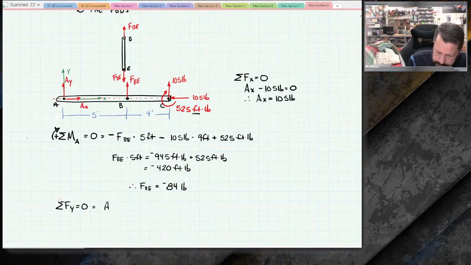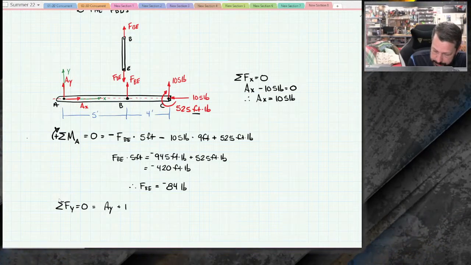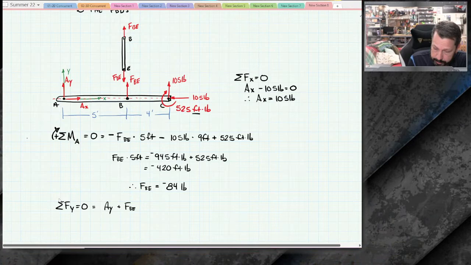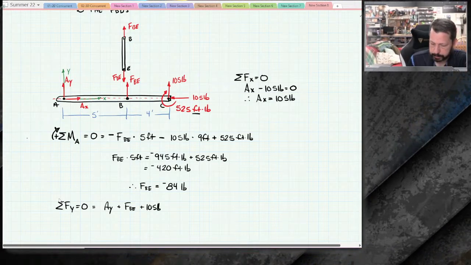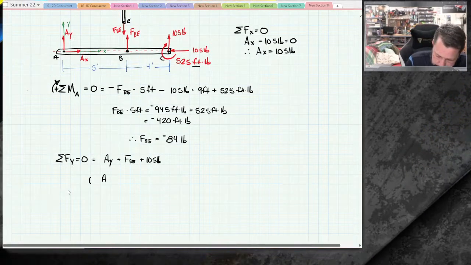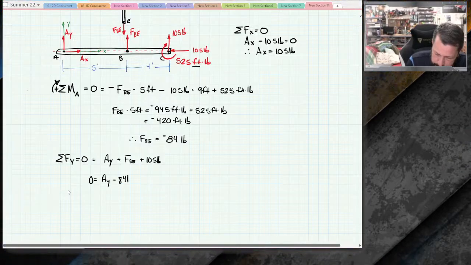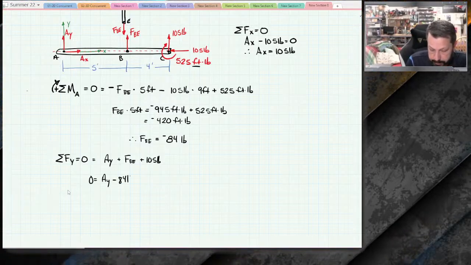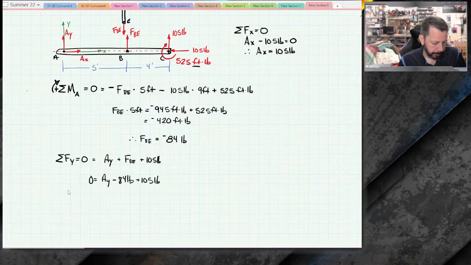So that one says AY, I'm looking at my free body diagram, plus FBE, according to the diagram, plus 105 pounds equals 0. Then when I plug in FBE, I get 0 equals AY minus 84 pounds, because FBE is actually a negative 84 pounds, plus 105 pounds.